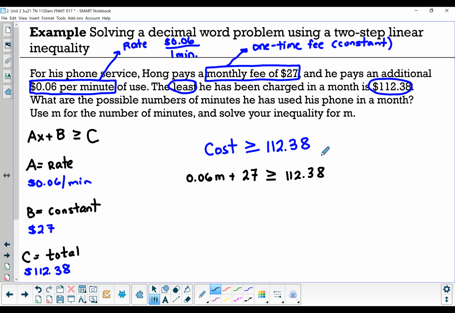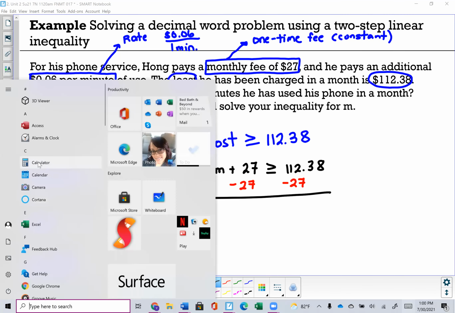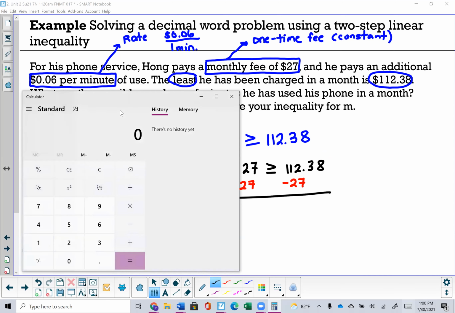All right, so now that we have the expression, we can go ahead and solve for M. So we're going to start with subtracting 27 on each side. I'm going to go ahead and employ the use of my calculator for these, just for these, because these are in a separate assignment that says calculators are permitted.